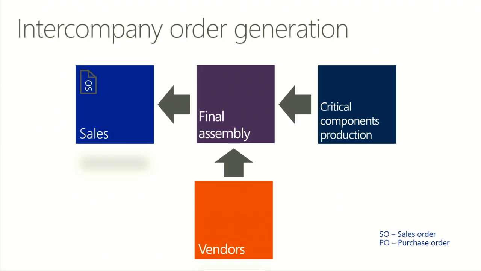So let's look a little bit at what just happened here. Basically, we generated a sales order in one company, and that sales order used the intercompany logic to create a purchase order, which automatically creates the parenting sales order on the other side in the delivering company.